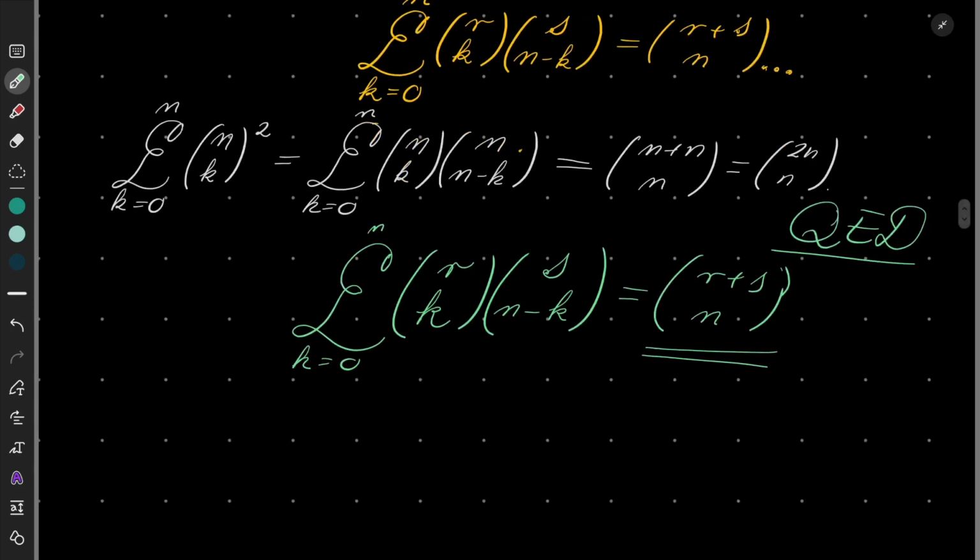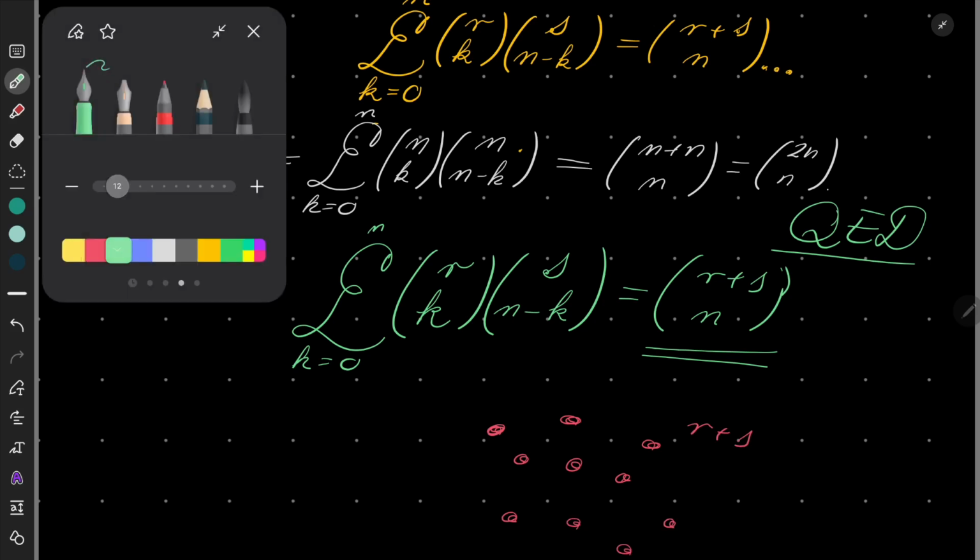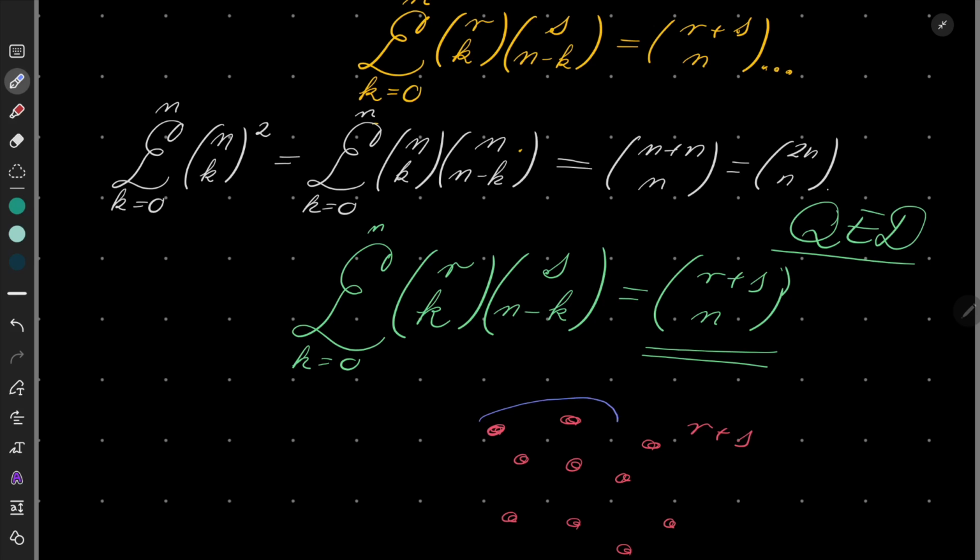So let's say that we have, it's an example which will illustrate, R plus S elements, and we group them in 2 groups. In one group we have R elements, and the other group will consist of S elements.